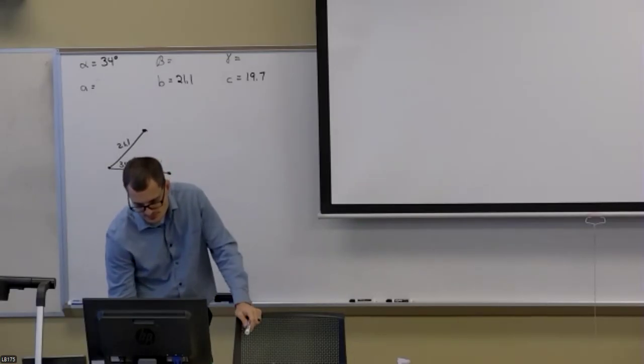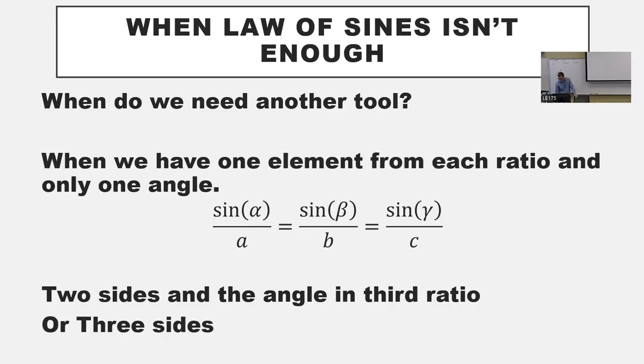But we need another tool. And as you can see, that's going to happen whenever you have one piece from each ratio. If you have two sides and an angle in the third ratio, then we need another tool.